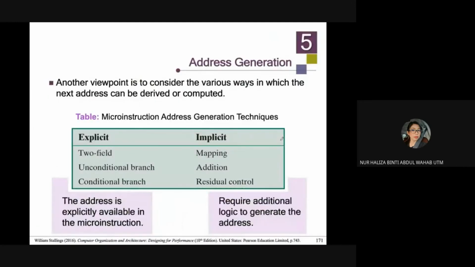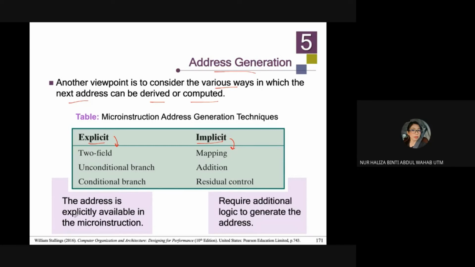Now you're going to see the address generation. Another viewpoint is to consider the various ways in which the next address can be derived or computed. So you're going to see it can be divided into explicit and also implicit. What is the element under explicit? What is the element under implicit?